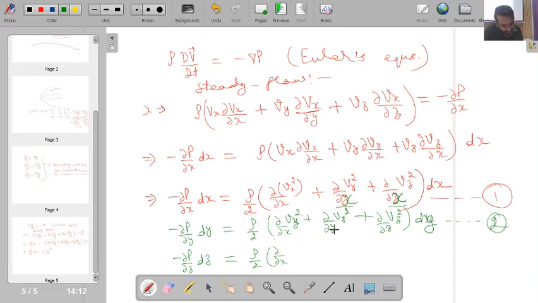In the similar fashion, in the y equation all will be del y. From here to here I have written it wrongly, so this entire term is del y, and it will actually be Vx only. Similarly, here I will have del by del z of Vx square plus del by del z.